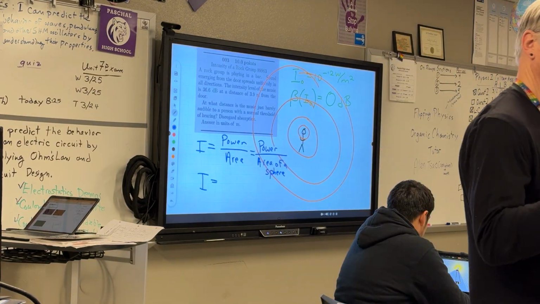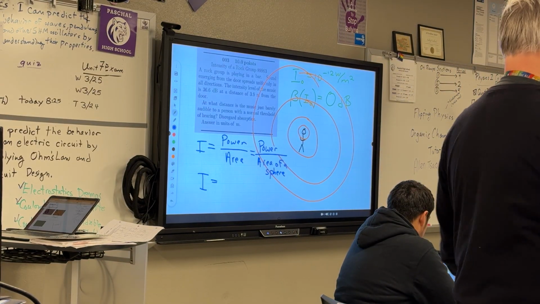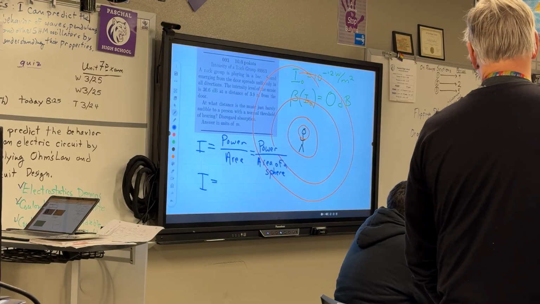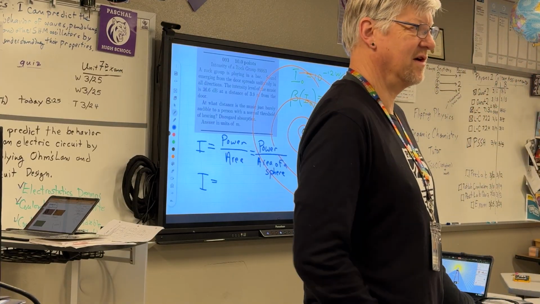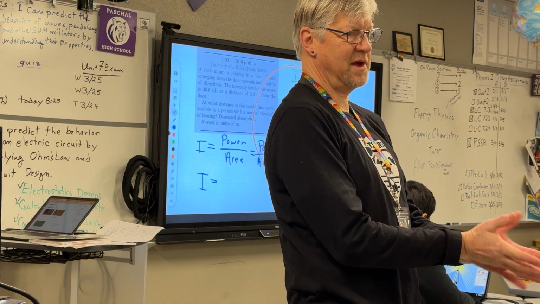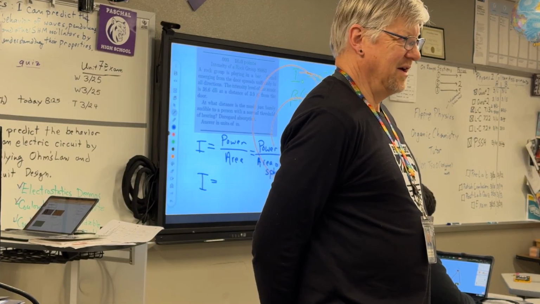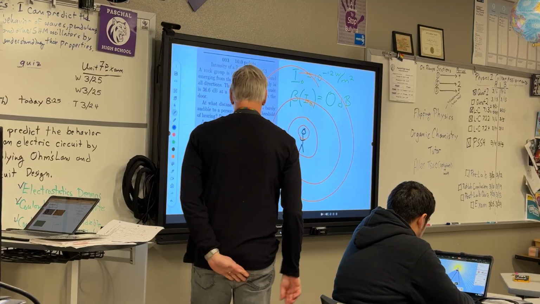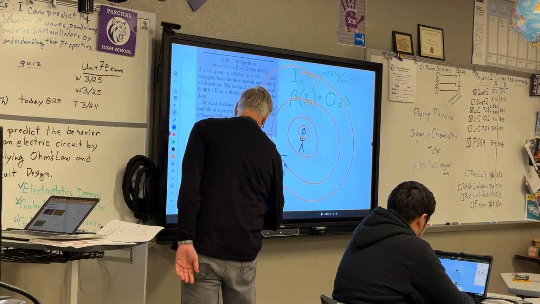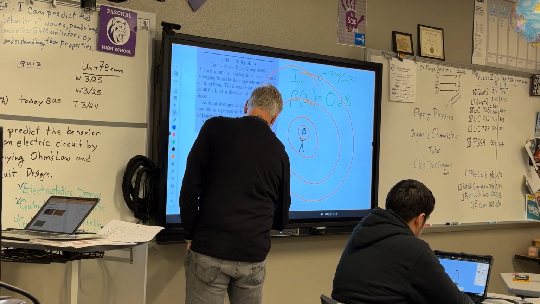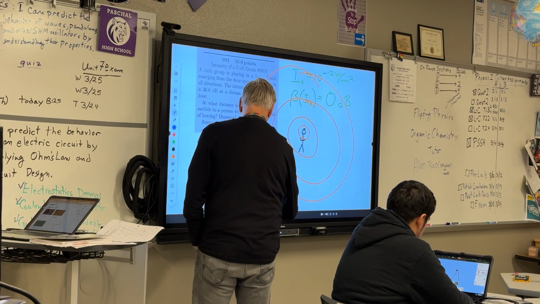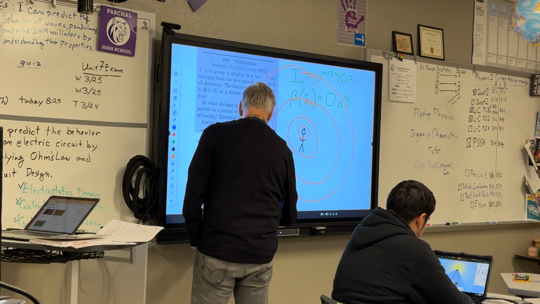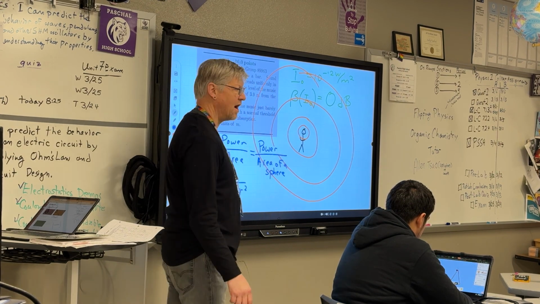These are all volumes or areas of circles or spheres. Does anybody remember what the area of a sphere is, the outside area, what that formula might be? It's locked away somewhere. I'm sure at some point you probably had to learn it. It's the very last formula on your formula page for this unit. It's P over 4 pi r squared. 4 pi r squared is the area of a sphere.